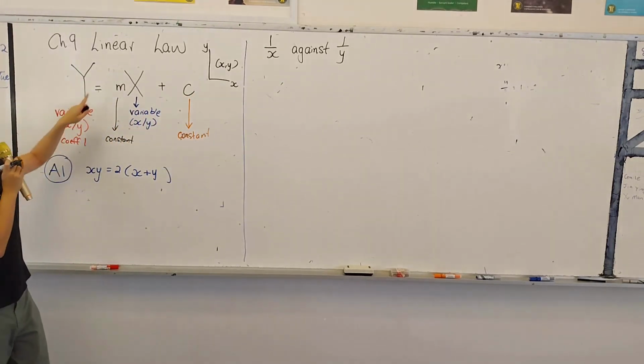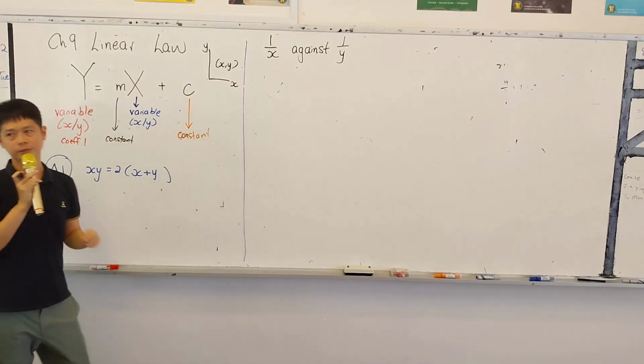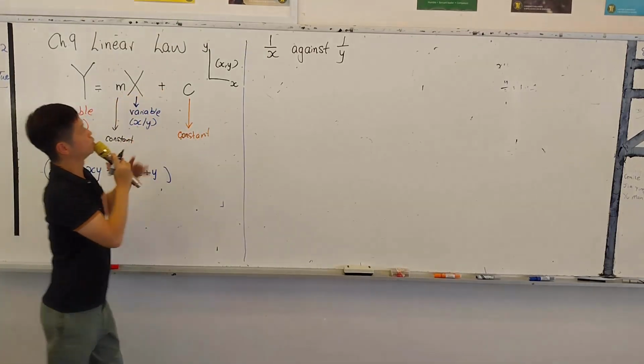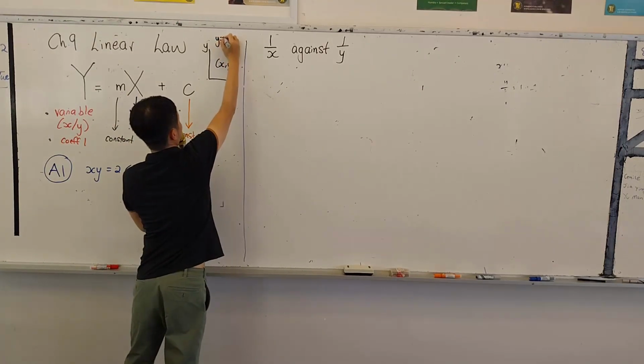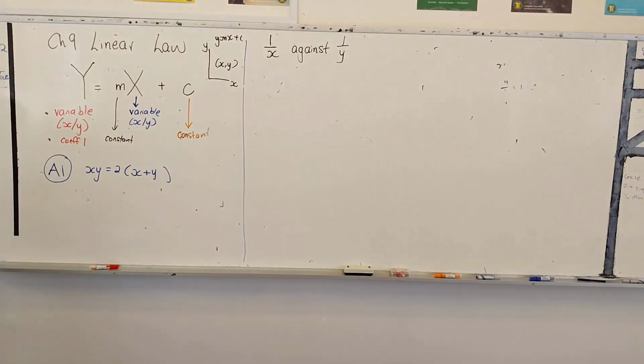Now, in this chapter, your y-axis and x-axis can be in different forms, but there's a limitation. The y-axis must have a variable x or y or both x and y inside. The coefficient must be equal to 1. Just like in the past where we do small letter y equals mx plus c, the coefficient must also be 1. So nothing new.